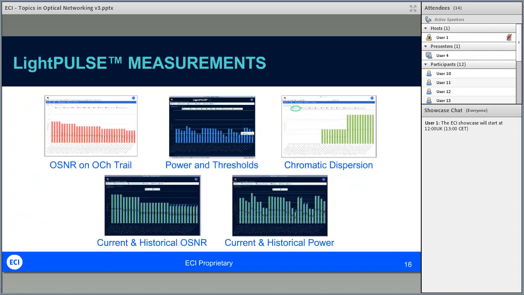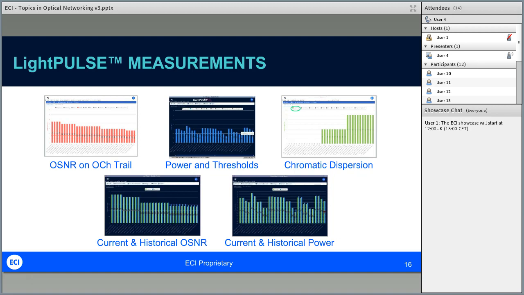So here is a sampling of some of the kind of measurements that you could see taking place all along the optical trails. You can see OSNR, you can see power, you can see chromatic dispersion. And one of the really nice features is that it maintains a record of these types of measurements on a weekly, monthly basis, I believe up to a year, or perhaps this could be extended.